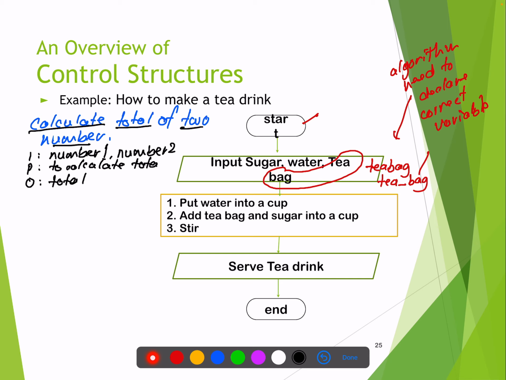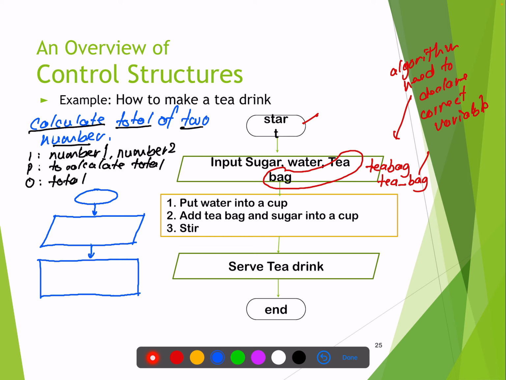Okay, and then look at how we can draw the flowchart. First of all, draw the shape. It's starting, and then an input. After that, a process, and then display the output from the process, and then the end.